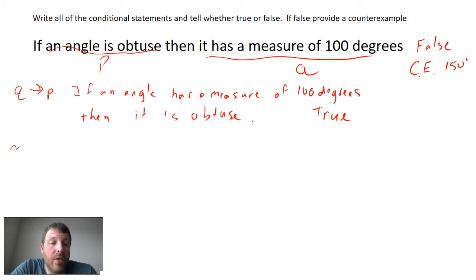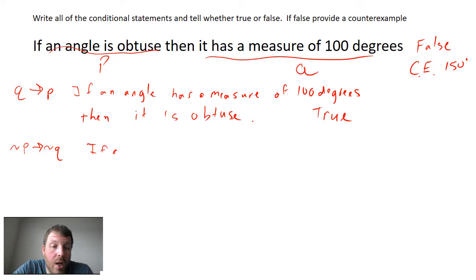All right, so the inverse is not P implies not Q, or the negation of that, right? So that's going to be if an angle is not obtuse. I wouldn't go ahead and change it to right or acute because that's taking it too far. We're just saying it's not obtuse.